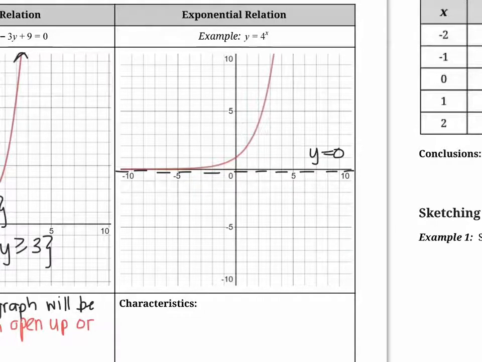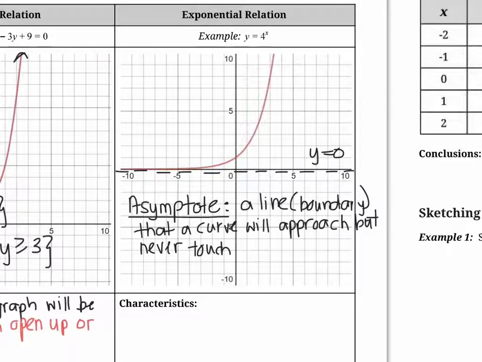This is what we call an asymptote. That's how you spell it, an asymptote. What an asymptote is, it's an invisible boundary that the function will come close to but never touch. So we say that it's a boundary that the function will approach but never touch.